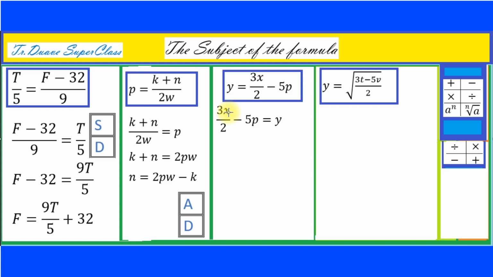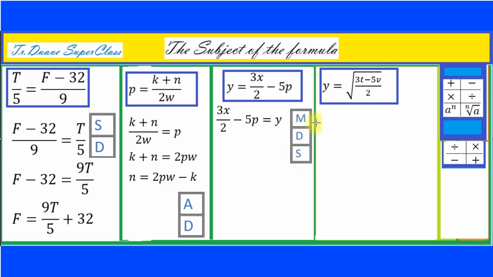With the subject on the left side, we need to find out the sequence of operations, supposing that we have numbers instead of variables, okay? The first thing to do is to multiply 3 by x. So multiplication, then we take the result and divide it by 2, and then we subtract 5p. So the operations are multiplication, division, and subtraction.